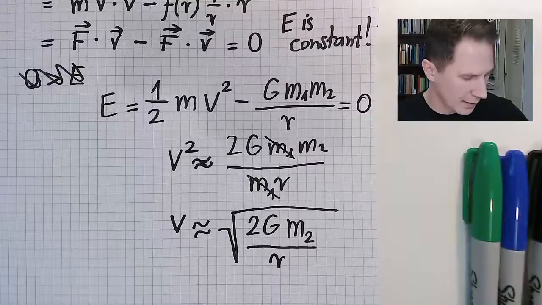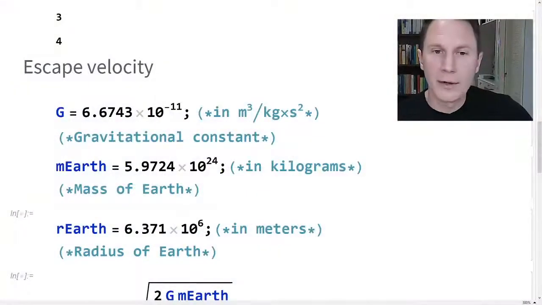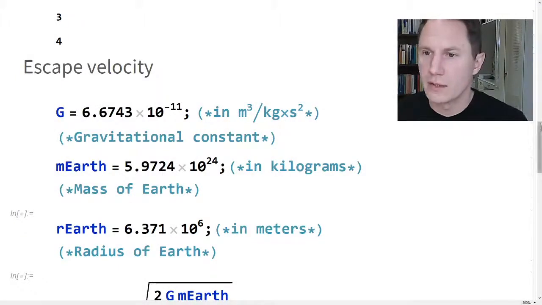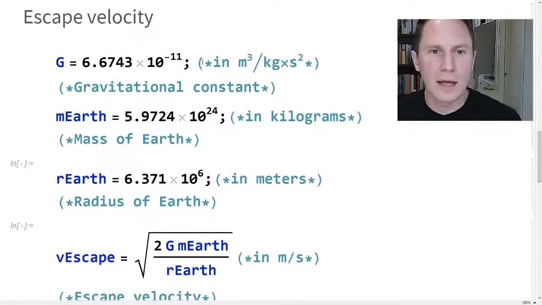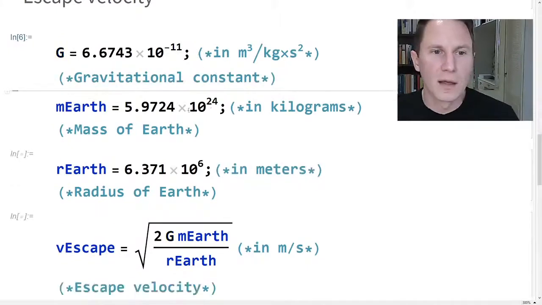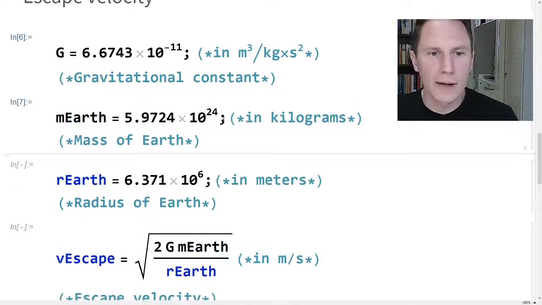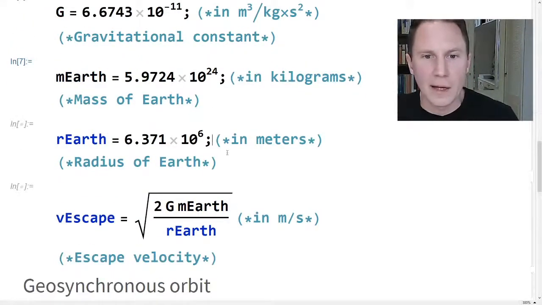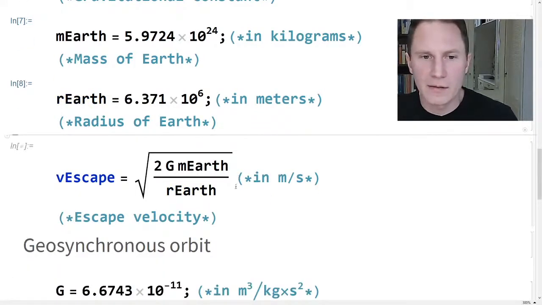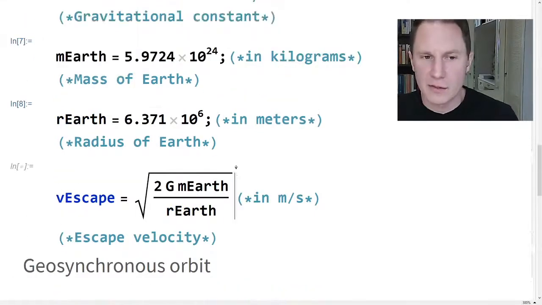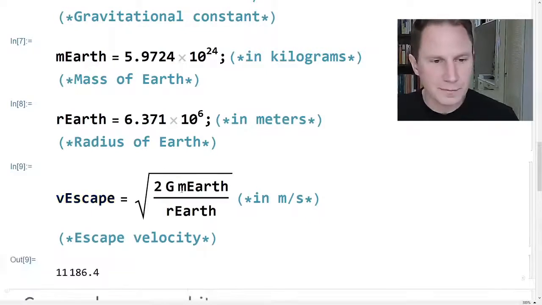So that's the radius of Earth. So now I can show you this notebook again and this calculation for the escape velocity. Here we have the gravitational constant g, and the mass of the Earth in kilograms, the radius of Earth in meters, and here I have this expression that I have just written in my notebook.